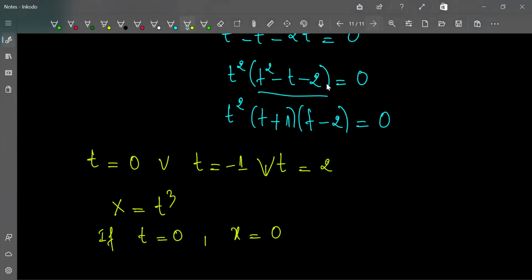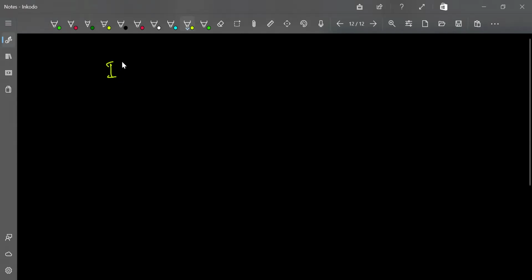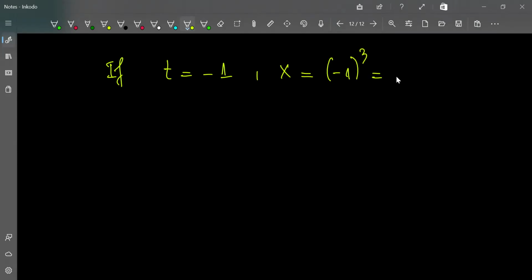And if t equals negative 1, then x equals (-1) cubed, which equals -1. And if t equals 2, then x equals 2 cubed, so it equals 8.